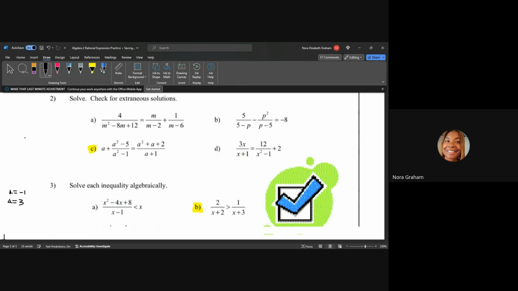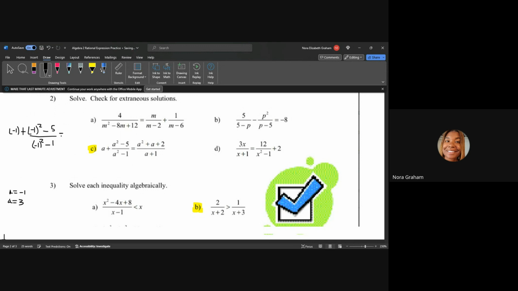So let's do 3 first, or actually let's do negative 1. So everywhere I see a, I'm going to put a negative 1. So I have negative 1 plus negative 1 squared minus 5 over negative 1 squared minus 1.